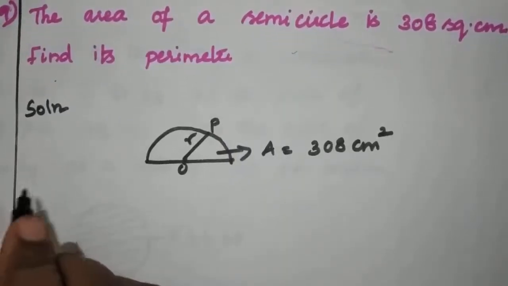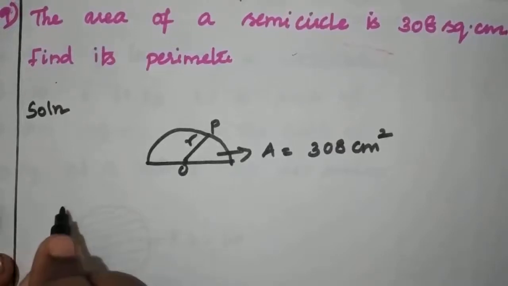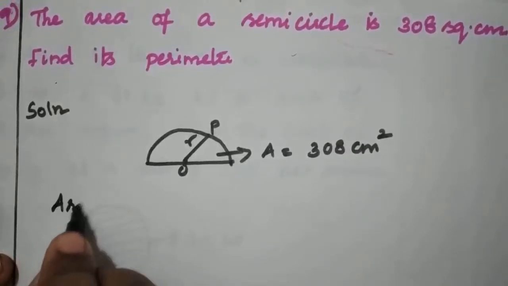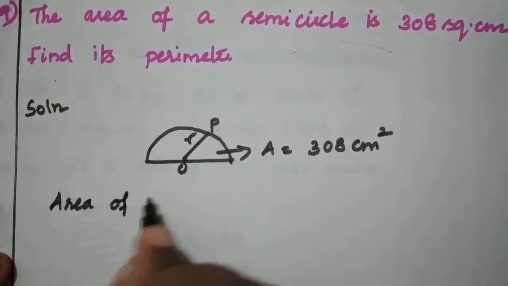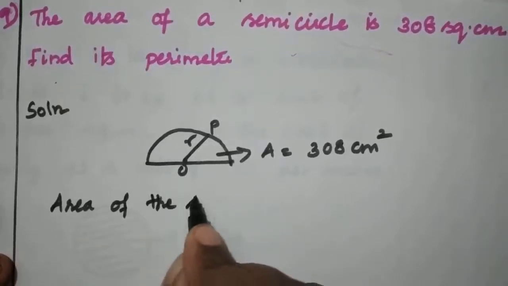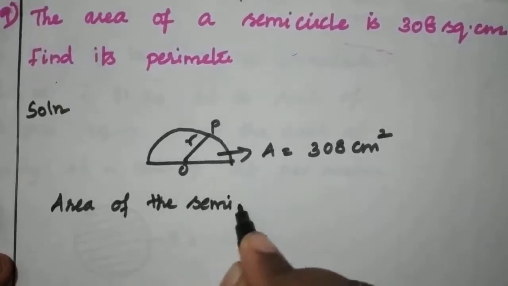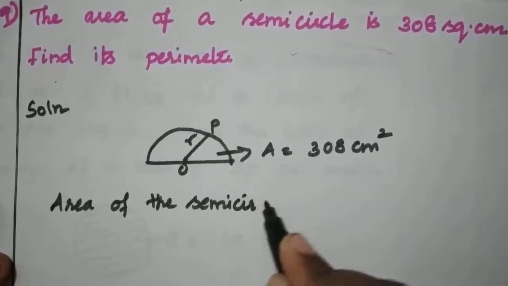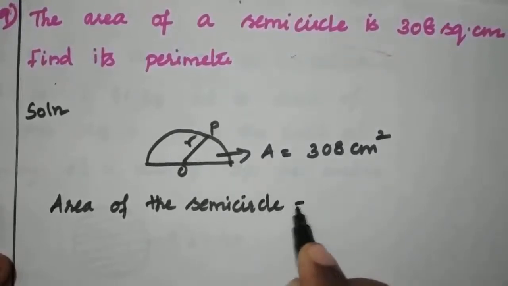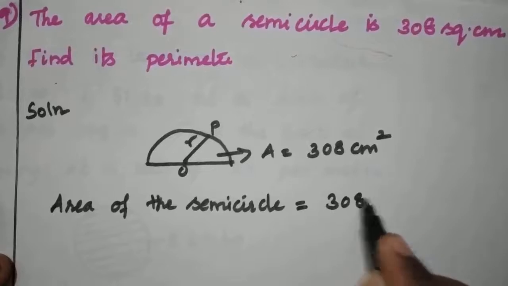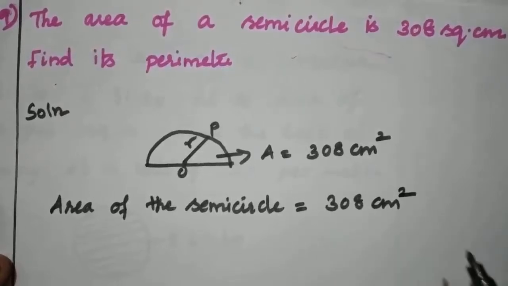Yes. Area of the semicircle is given as 308 centimeter square. What's the formula to find the area of the semicircle?